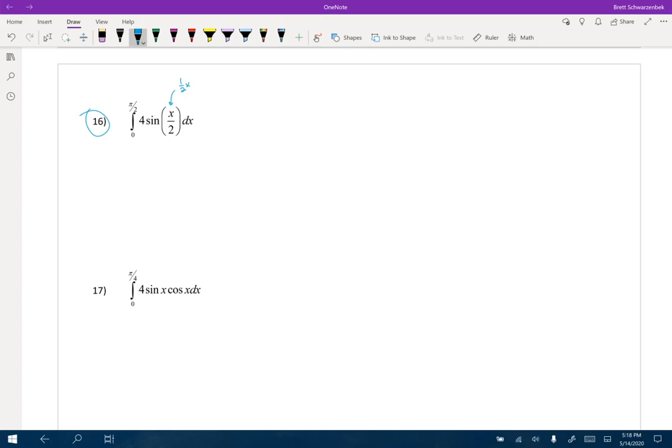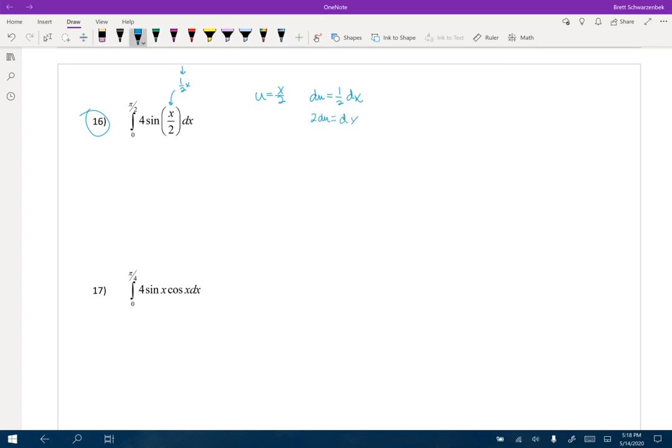So our u is going to be our inner function, which is x over 2. But because it's 1/2 x, the derivative is just 1/2 dx. If we multiply both sides by 2, that means that 2 du is equal to dx.